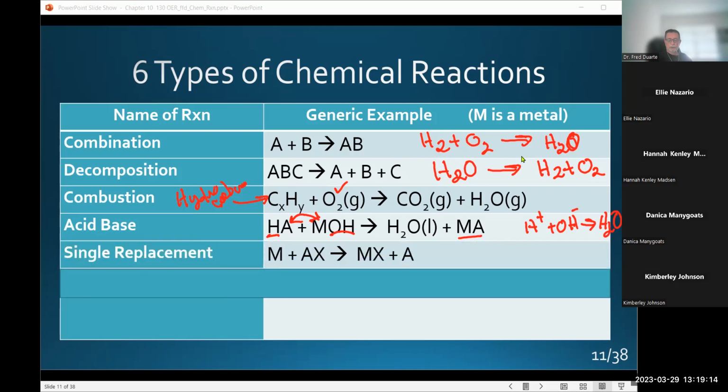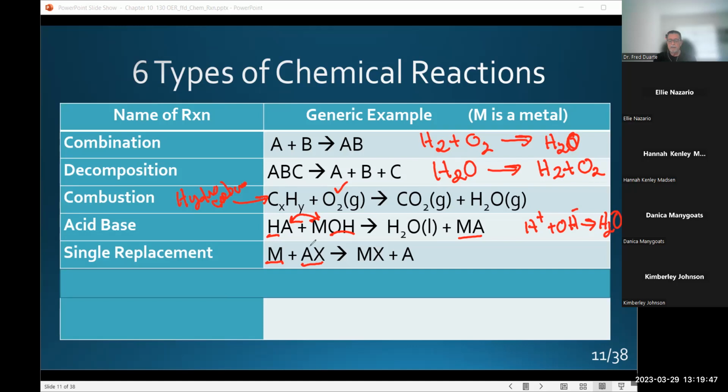Okay, a single replacement reaction. We're going to talk about this in more detail. If you look at this general reaction, you start off with a metal labeled here M, and you have another metal, but it is in ionic form, hence you have AX. So A is in ionic form. And what happens is there is an exchange of positions.